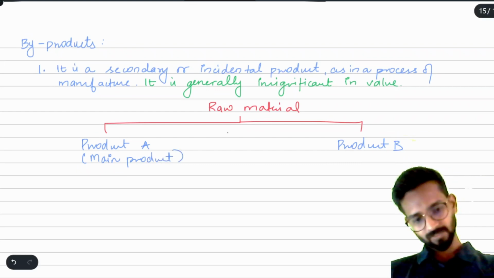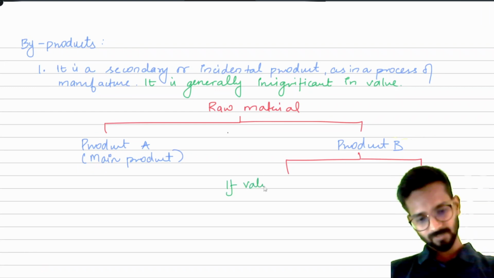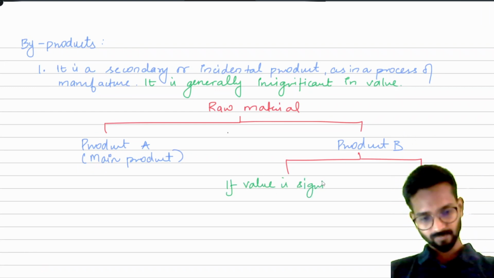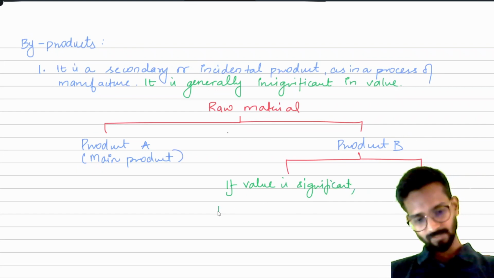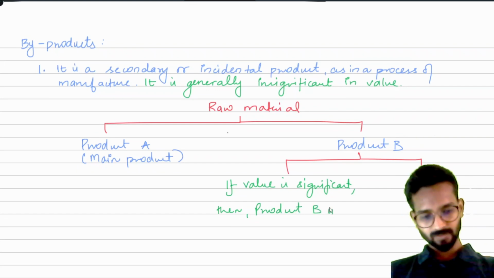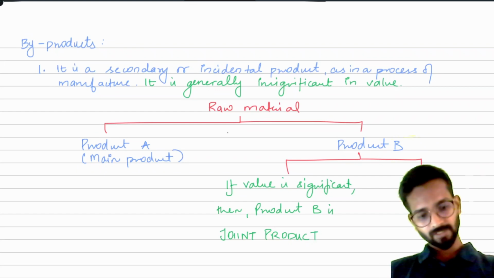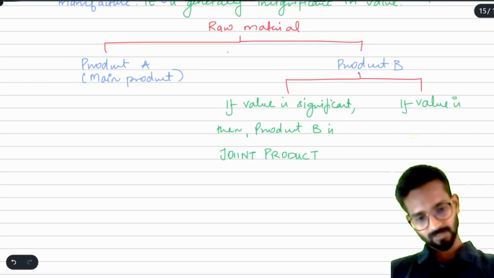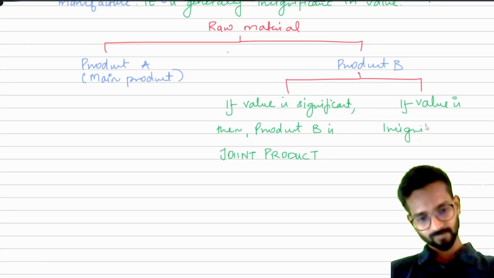If product B, you have to check, if the value is significant, then product B is your joint product. But if the value is insignificant, then it is your byproduct.